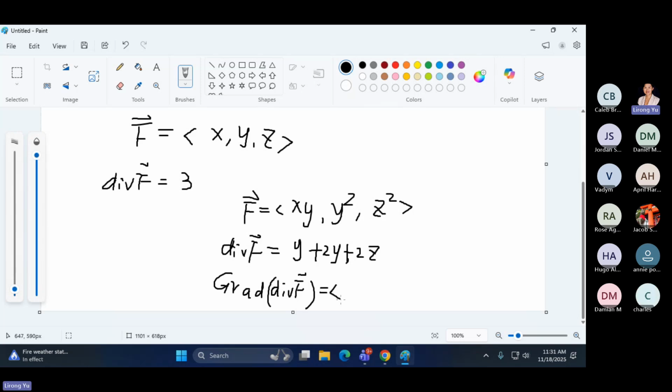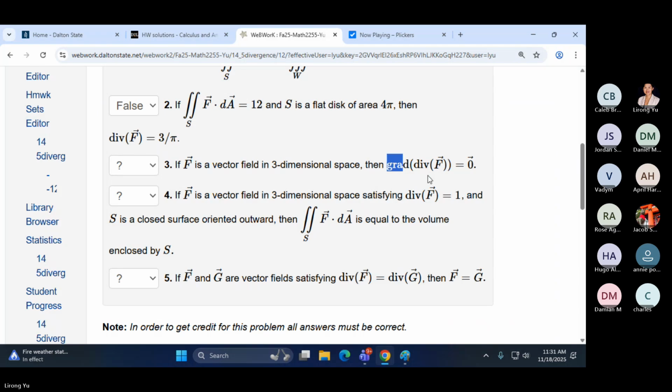Differentiating with respect to x, we get 0. With respect to y, we get 3. With respect to z, we get 2. The gradient is not equal to the zero vector. That's false. I'm trying to go through this quite conceptually. You can test it, trying to say whether every statement is correct.